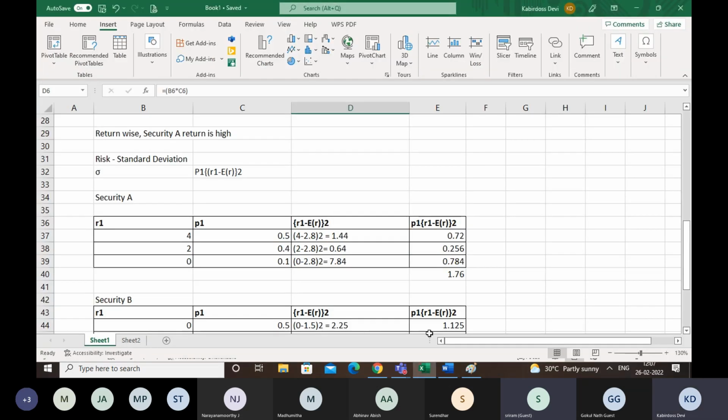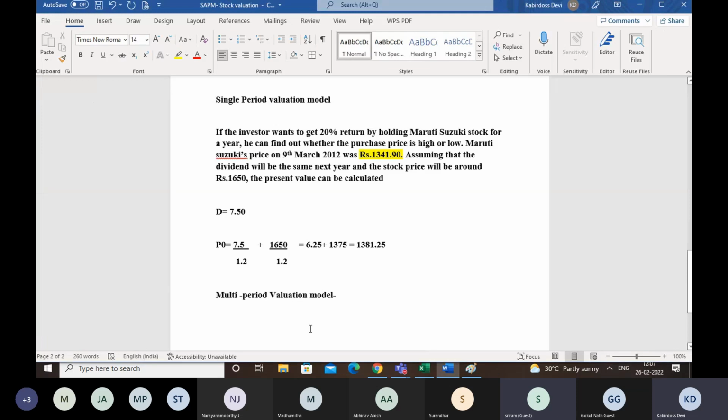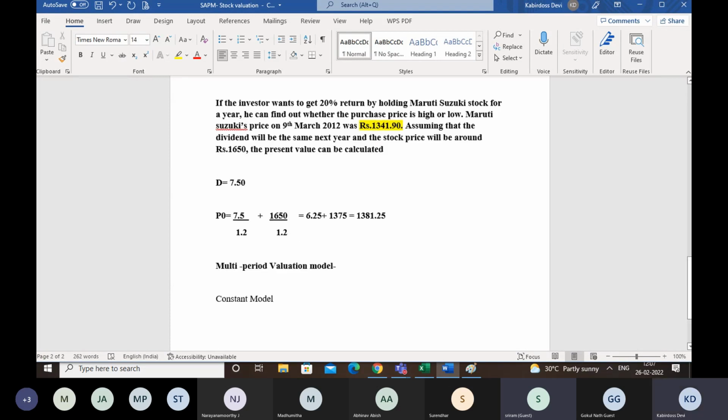So the multi-period model I just mentioned to you. Another one is the constant model. What is the formula for the constant model?